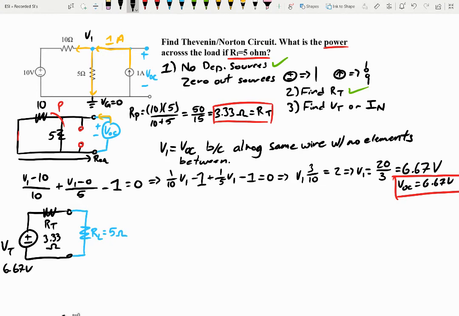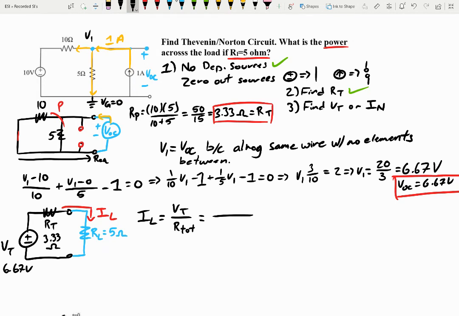So if we do that, what we'll need is to find the current through everything, okay? So what we need to do is to find this current, which is the current through the load, because now the wire's closed and it's going through that resistance. So I of L will have to be equal to V Thevenin divided by R total, right? Because it's all the resistance on that branch.